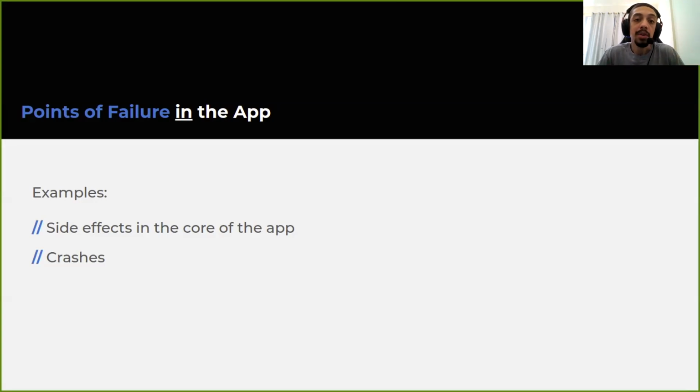Because if you don't have a way to figure out whether a new change breaks any part of your application, it might be a problem that no one will actually notice. That's some of the problems that might happen when you have a big code base.